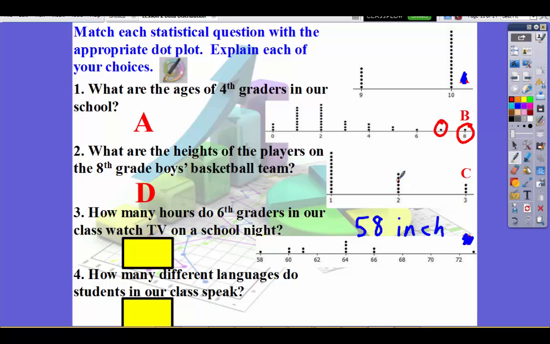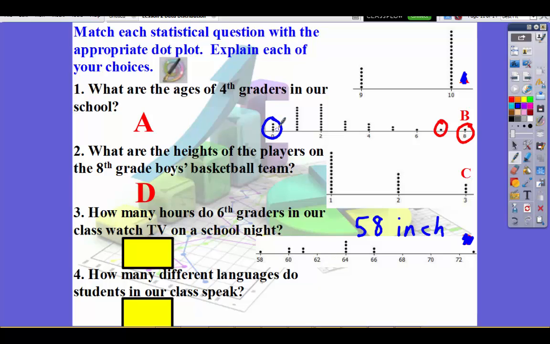But I'm not sure, so I'm just going to see if this one makes more sense. How many hours do 6th graders in our school watch TV on a school night? 1, 2, or 3 hours? Well, that one makes sense too. So I'm not quite sure between these two because they both make sense. So let's check number 4 and see if we can figure this one out. How many different languages do students in our class speak? Well, I know right away that some speak at least one language, English.